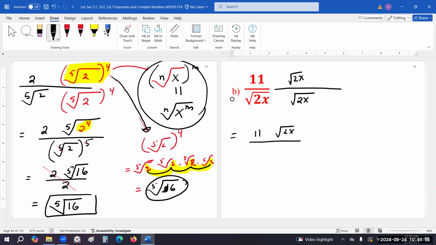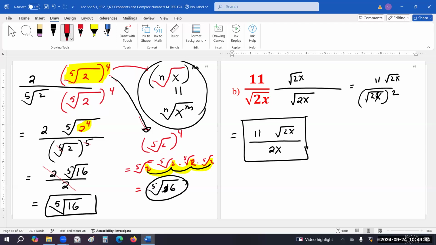And what do you get on the denominator? Only 2x. And that's it. It's only 2x because it's square root of 2x twice. And then the square root and square power cancel out.